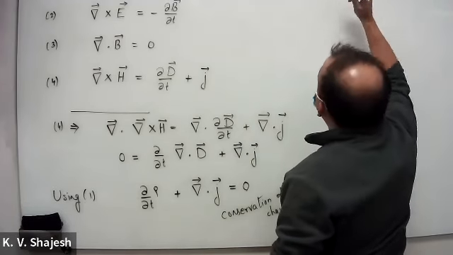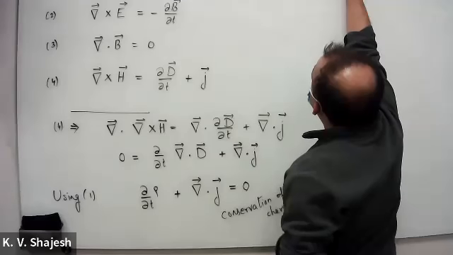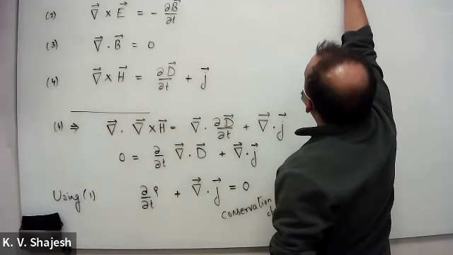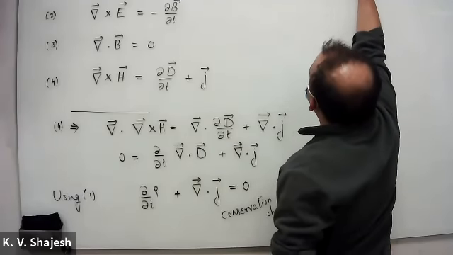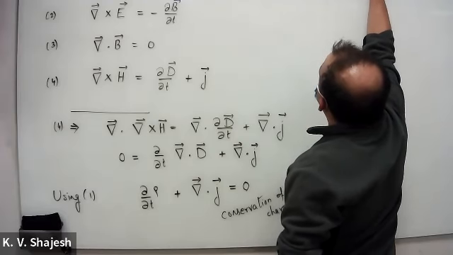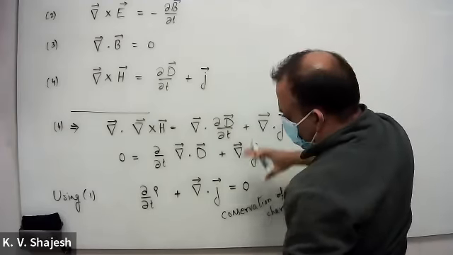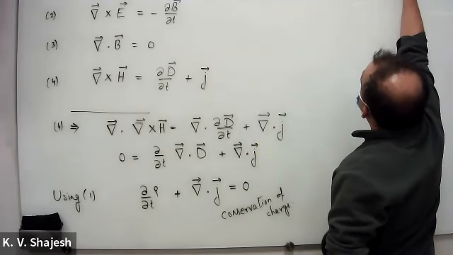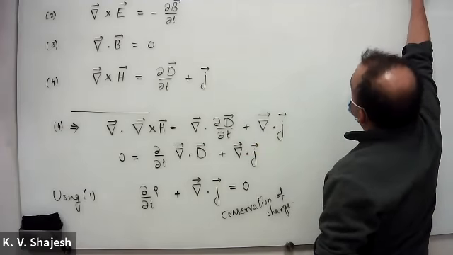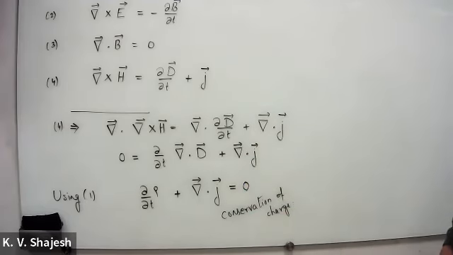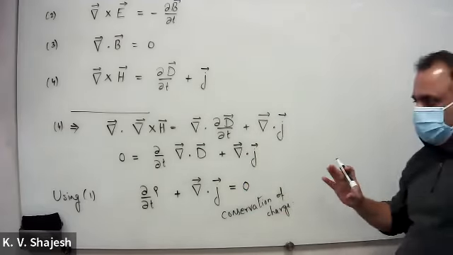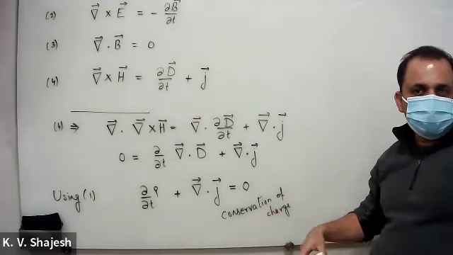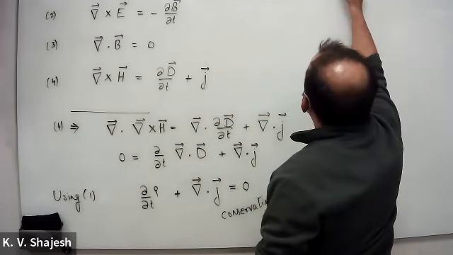So let's change context, a different context, okay? So I'm writing it so that it's not confusing that this is the same thing I'm doing. It's a different context. That means that I'm going to use the same rho and j, but that doesn't mean it is charge density and current density. Something else, some other parameter.